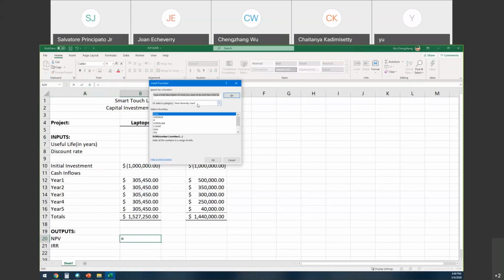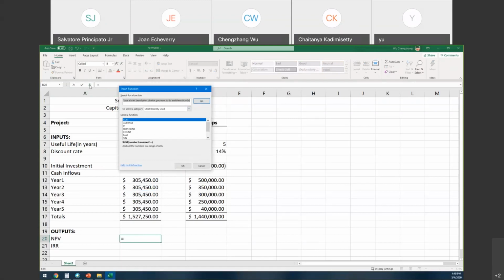But let's look at the required inputs of this function. To insert a function, you click this icon and find the function that you need. Here we need the NPV function.